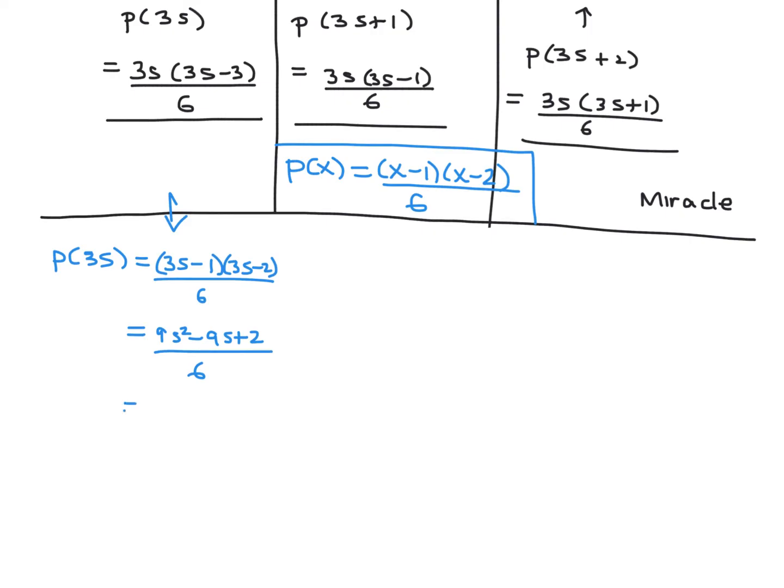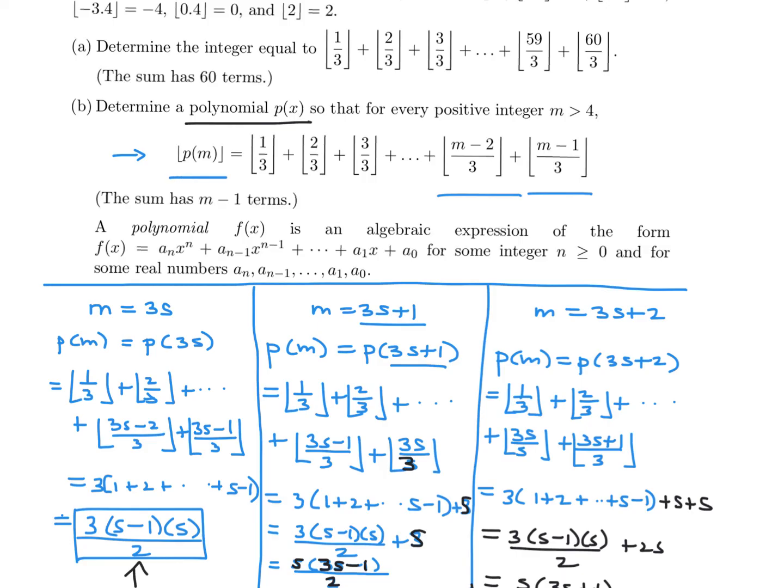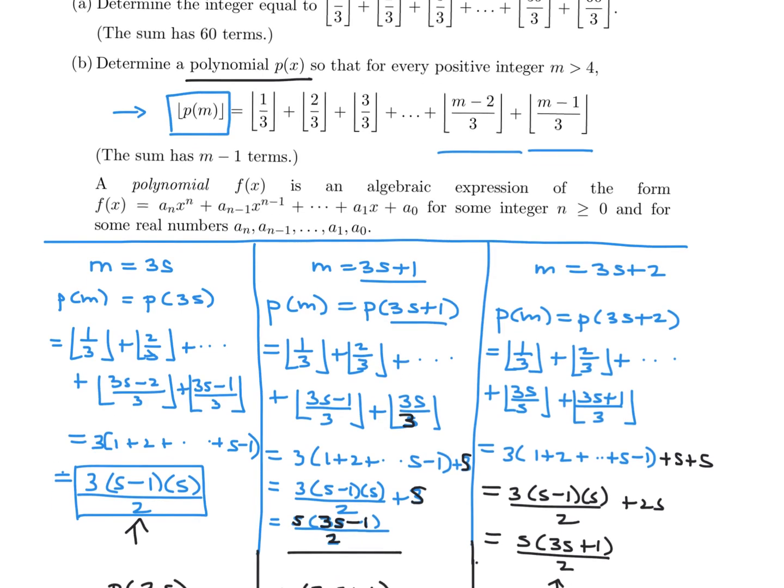And that can factor to 9s times s minus 1, let's see here, 9s squared minus 9s all over 6, and then plus, if you kick out the number, 1 over 3. But we have to now, of course, keep in mind that we have to take the floor of it. You see? You have to take the floor of it.